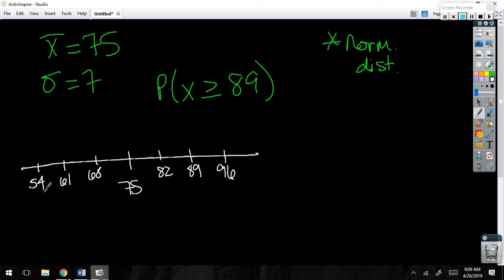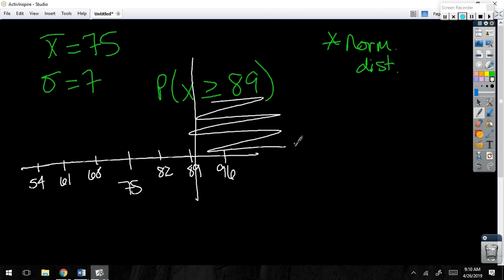All right, this is 1 standard deviation. This is 2 standard deviations. So I want the other side.